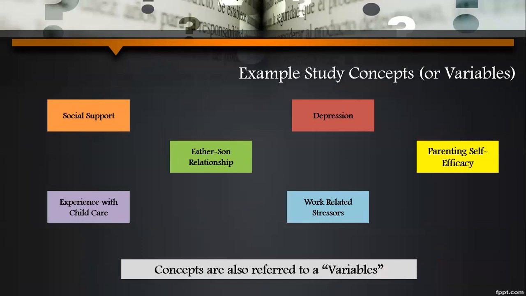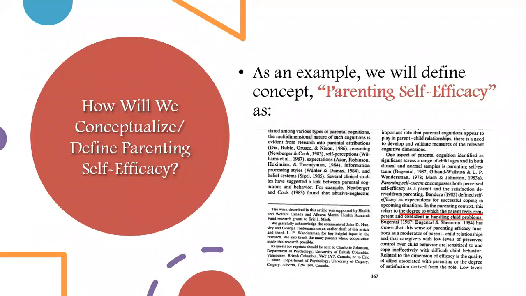So here's an example of some concepts that we'll use throughout the rest of this lecture. Of course, there are tons of concepts that we can study, but these are just some examples that we can draw upon. We're going to take one of these concepts as an example and conceptually define it.